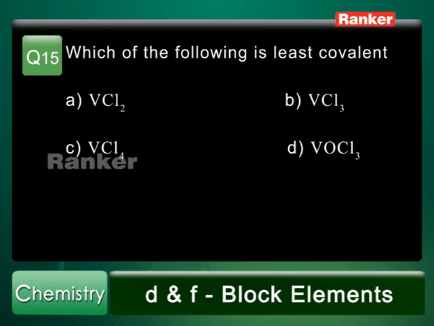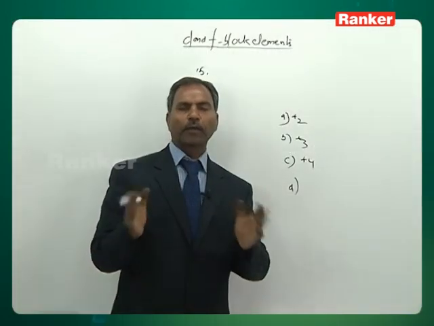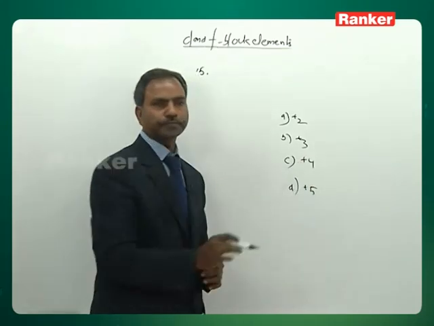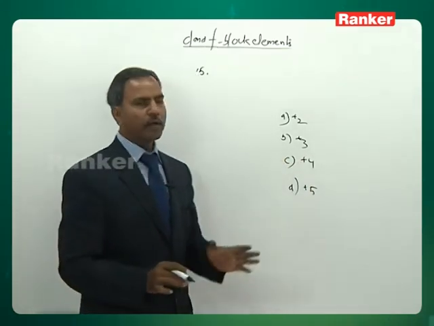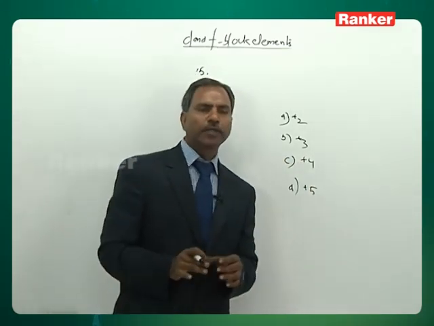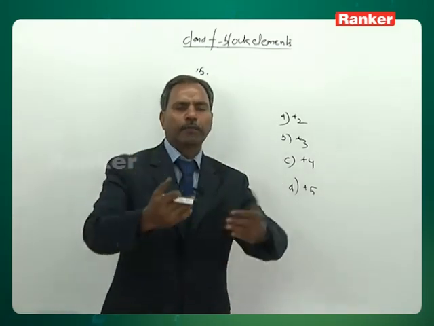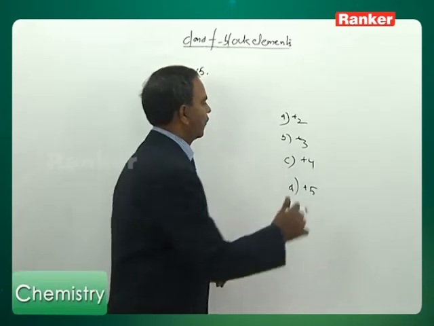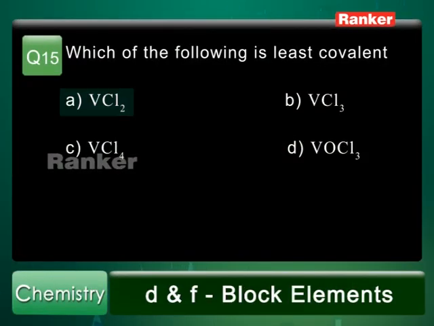And the next one, VOCl3: oxygen is minus 2, 3 chloride ions minus 3, total minus 5. Therefore vanadium is plus 5. Least covalent means more ionic, and more ionic means we have to choose the least oxidation number. Therefore, answer A is the correct answer here.